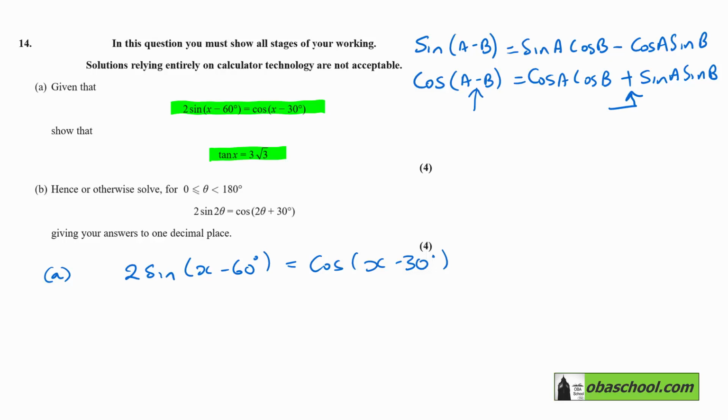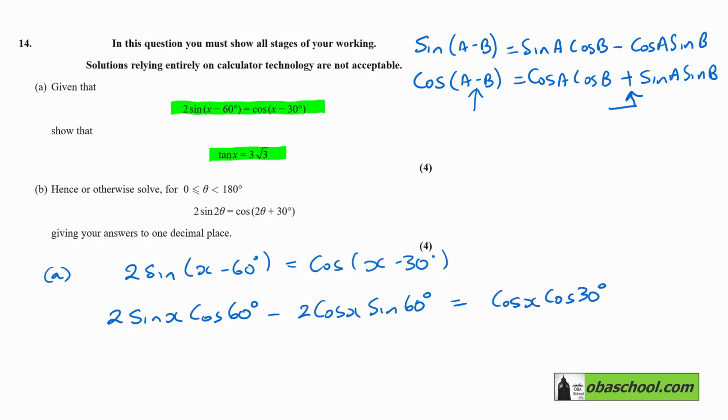Okay, so we have 2 sin x cos 60, take away 2 cos x sin 60. And on the other side, we have cos x cos 30 plus sin x sin 30.